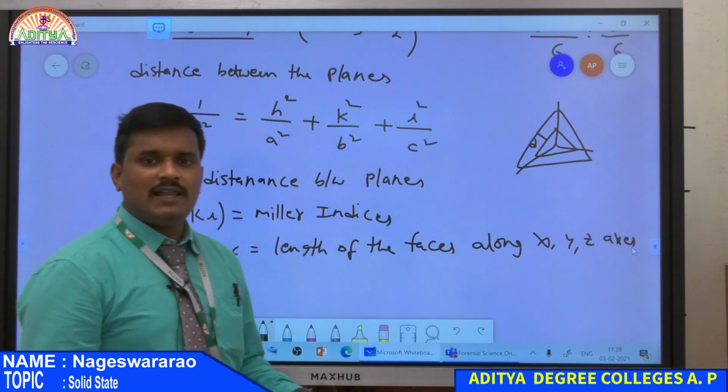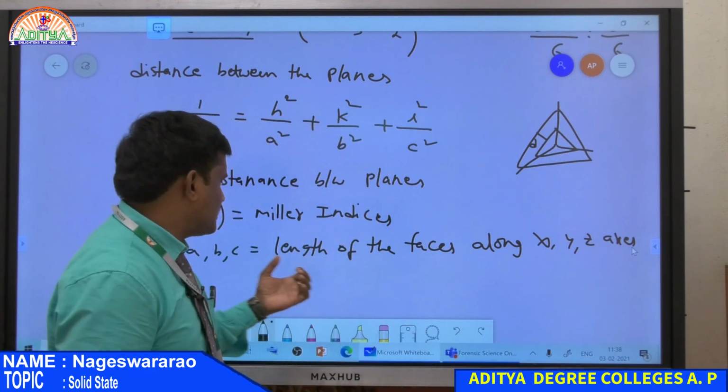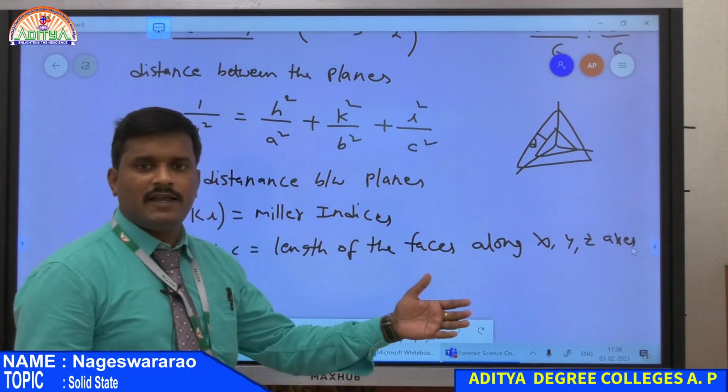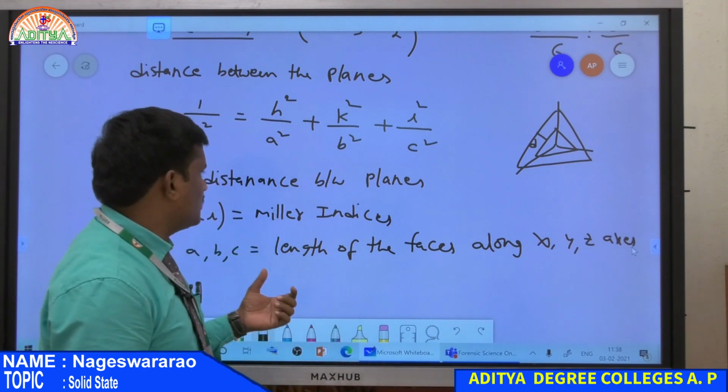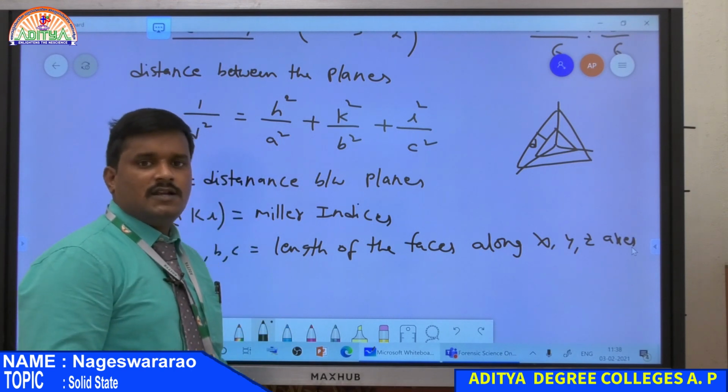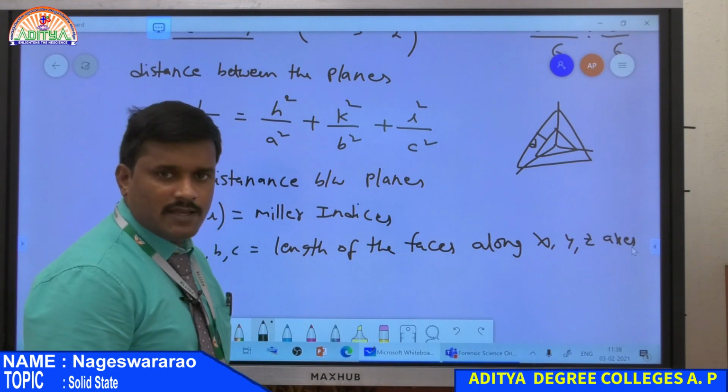Therefore, by knowing the values of HKL as well as a, b, c, that is the length of the face along x, along y and along z, we determine the value of d, the distance between the parallel planes.